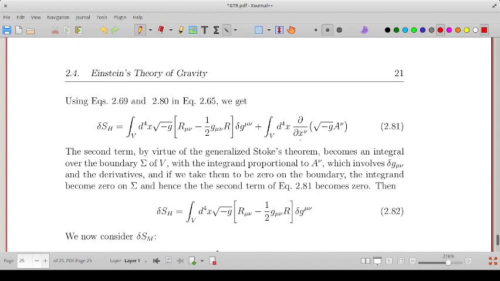So now this looks like the derivative of a generalized divergence of some quantity in the space-time.